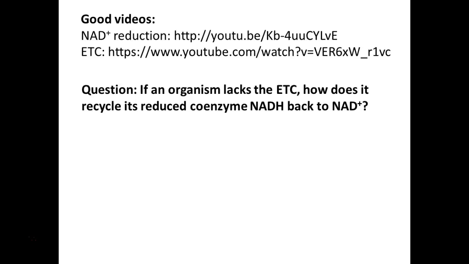So these are some cool YouTube videos that show you things like the electron transport chain and NADH. So, okay, why did we talk about this? What happens if you don't have an electron transport chain? Or in the case of us, which are aerobic, you have no oxygen for those electrons to go. You've got a problem, right?